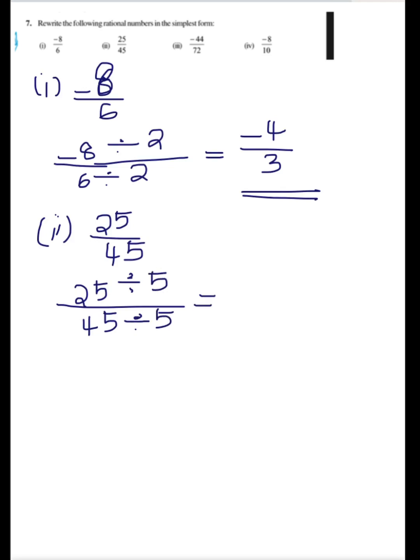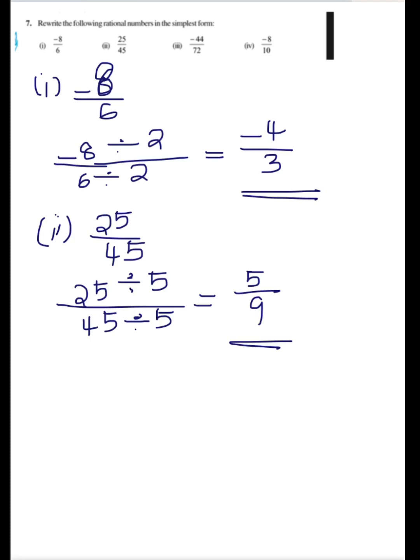What is 25 divided by 5? It's 5. Now what is 45 divided by 5? It's 9. Now you can see that this is in its simplest form. You cannot divide further, as 5 and 9 do not have any common factor other than 1.